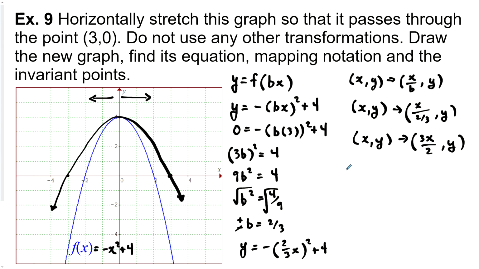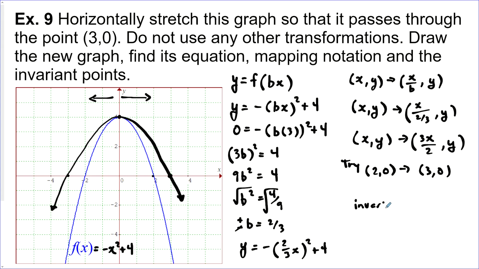We could try it using this point right here, 2, 0, that we wanted to transform. And if you put 2 in here, 2 times 3 is 6, divided by 2 again is 3. So this indeed does transform this point to this point here. So it works. So that was mapping notation and the invariant points, and that would be up there.